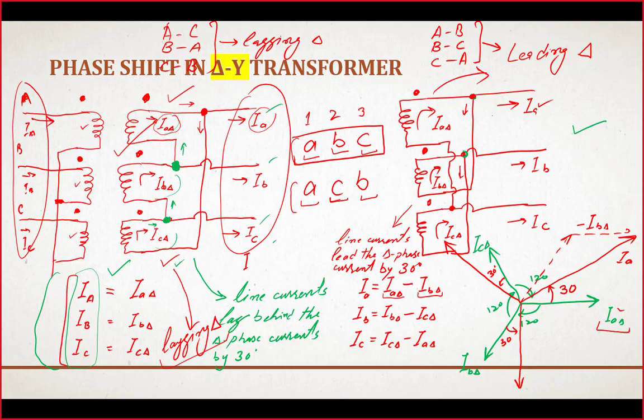And in this configuration, when delta is leading, the Y side line to line voltage will lag behind the corresponding line to line voltage on the delta side. So the result exists in the same way for the voltage as we have seen for the current. We discussed it for the current, so that discussion can be extended to the voltage as well.